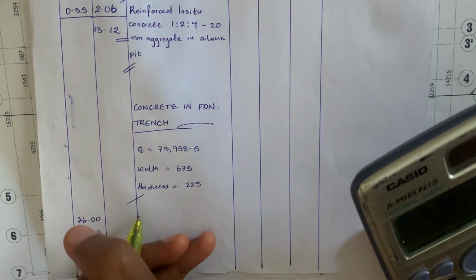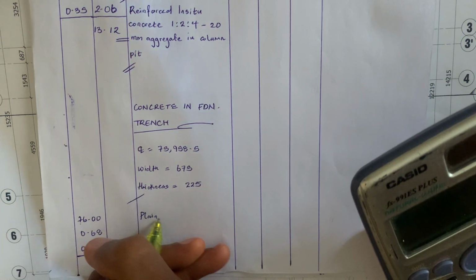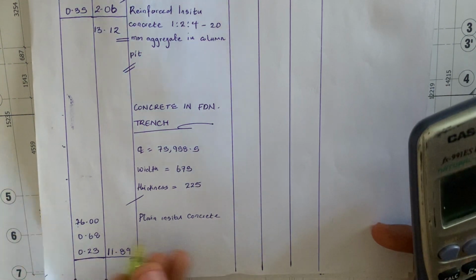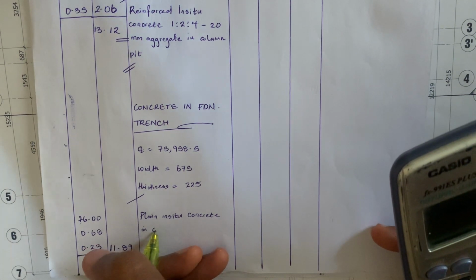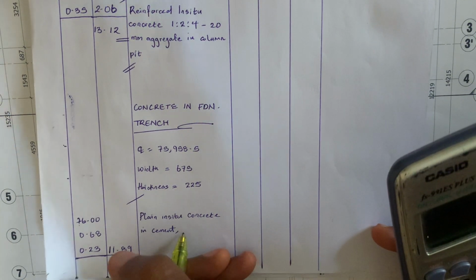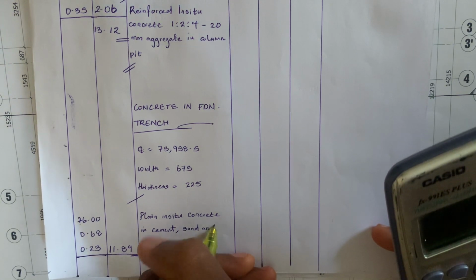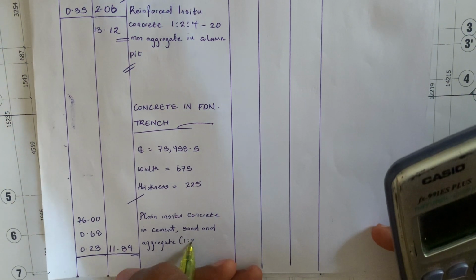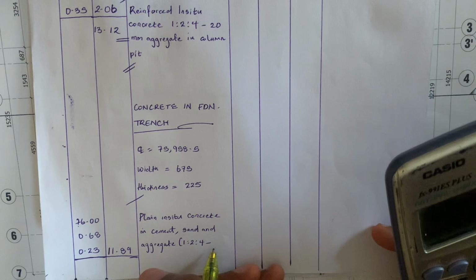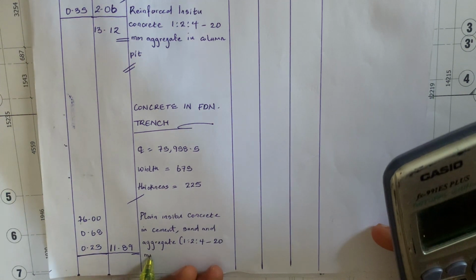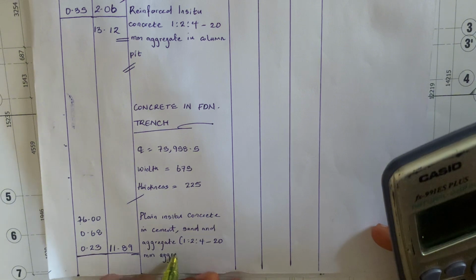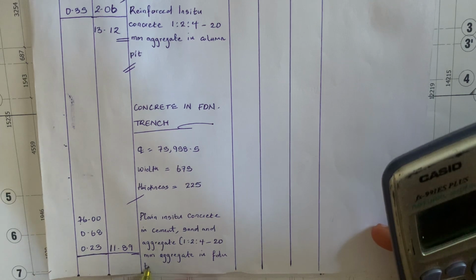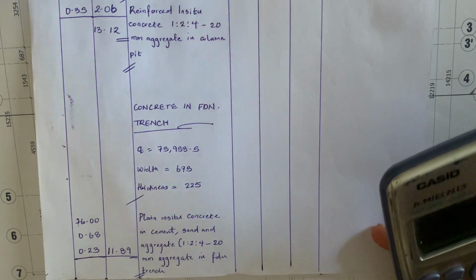So we'll now describe plain in-situ concrete in cement, sand, and aggregate 1:2:4, 20 mm aggregates in foundation trench, and then we close.